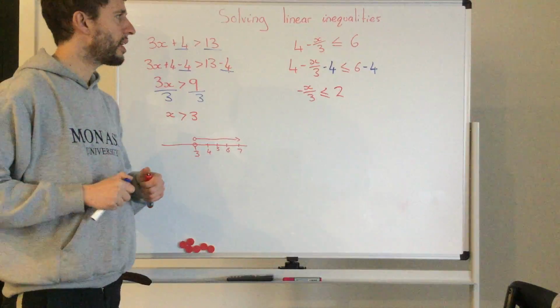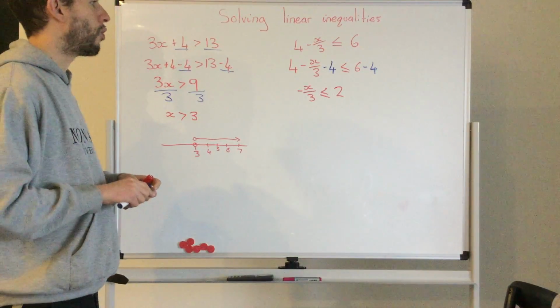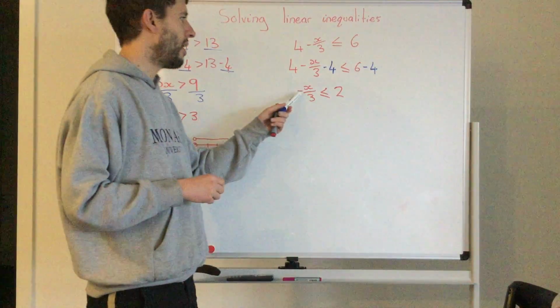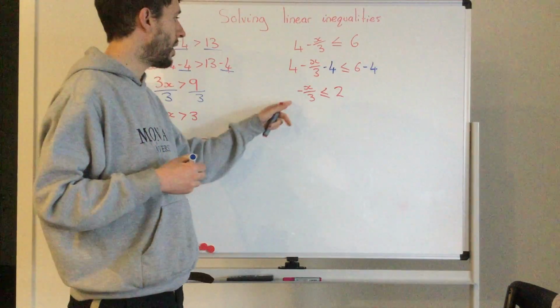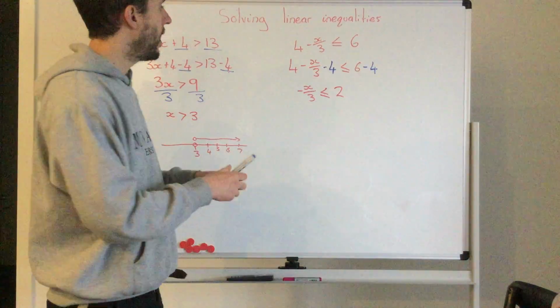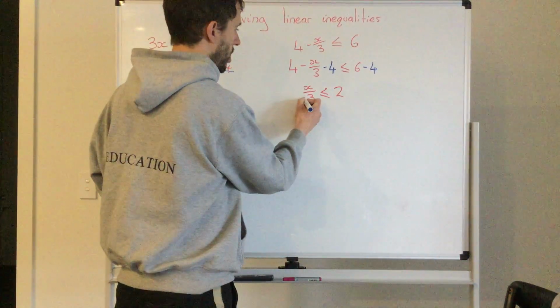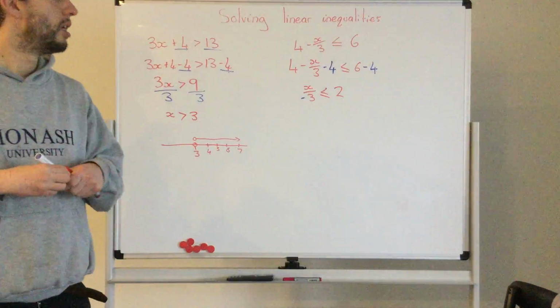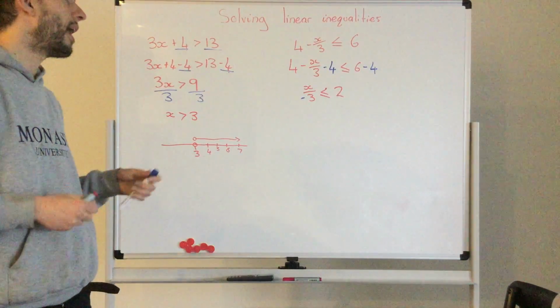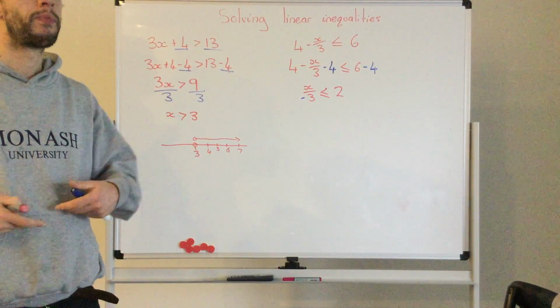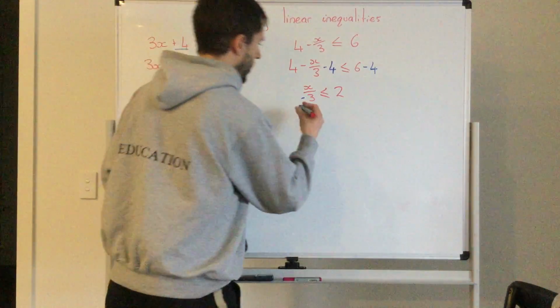Okay, now the next thing I'm going to be looking at is this. I don't want to see x as a negative at the moment, so I'm going to put that negative with that 3 when I move it over. So what's the opposite of dividing by negative 3? Multiplying by negative 3.